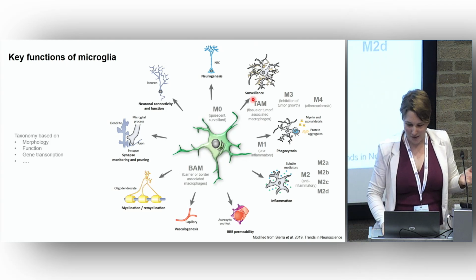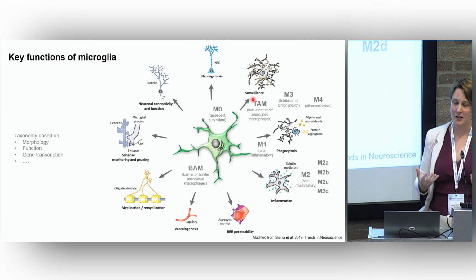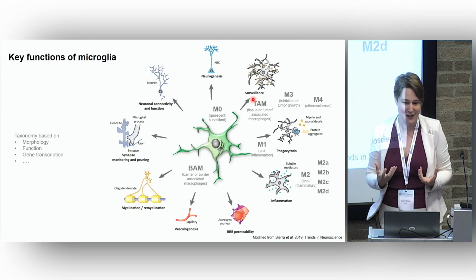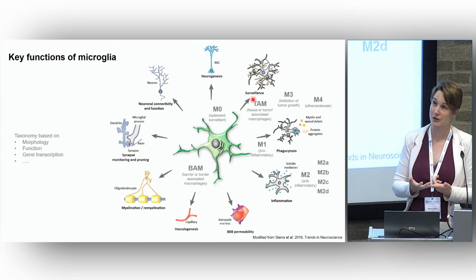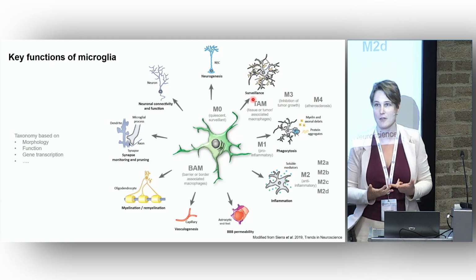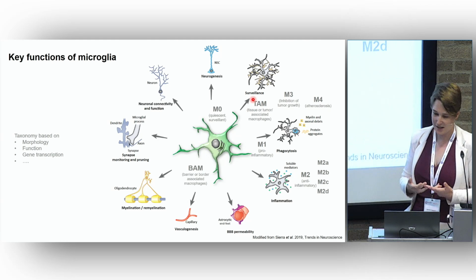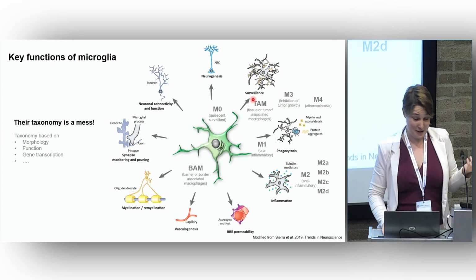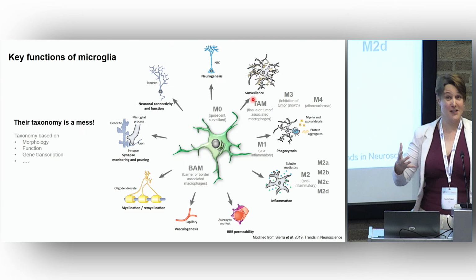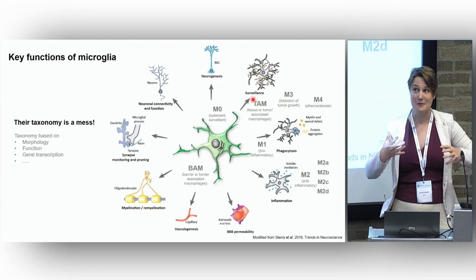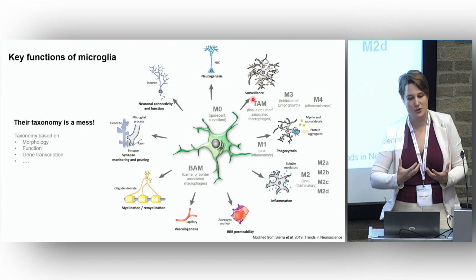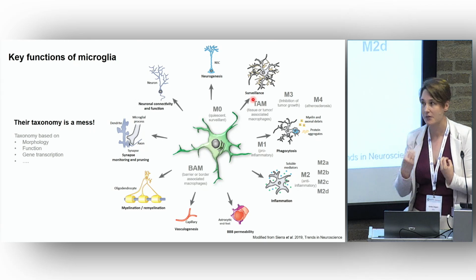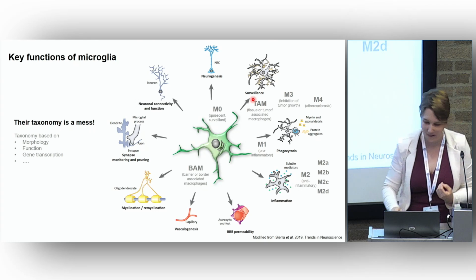I had the feeling we have a lot of taxonomy issues, because neither the morphology, nor the function, nor the gene transcription gives us a coherent signature. I basically concluded that taxonomy is a bit of a mess, which makes it difficult to have a common language to talk about the same principles.